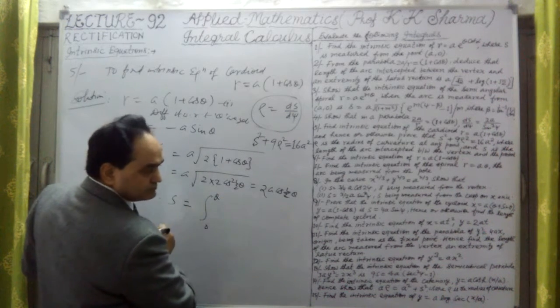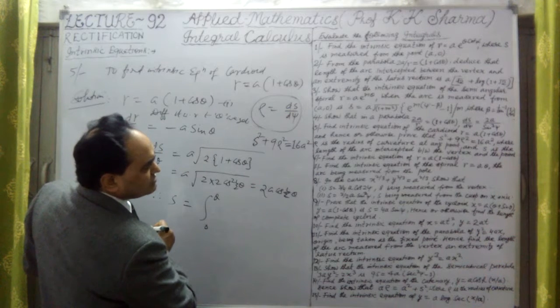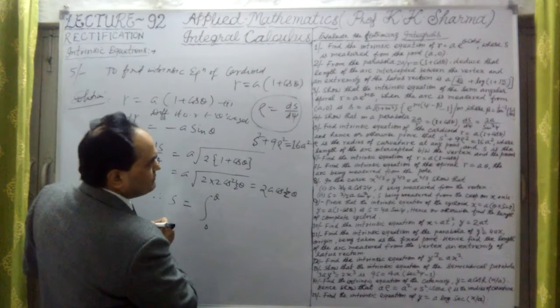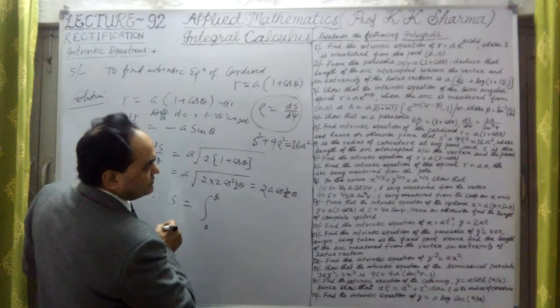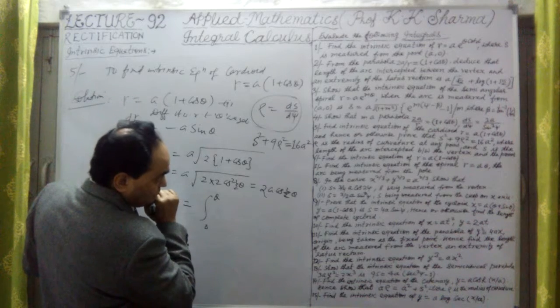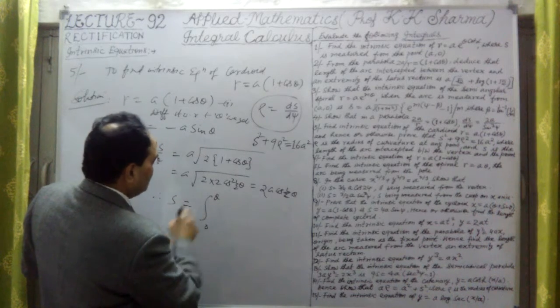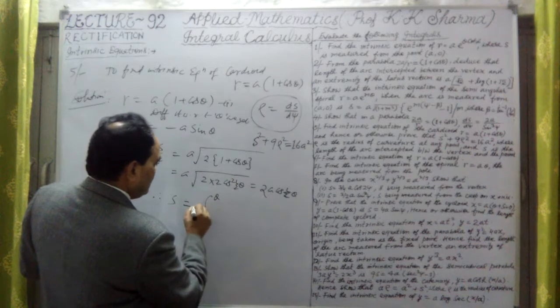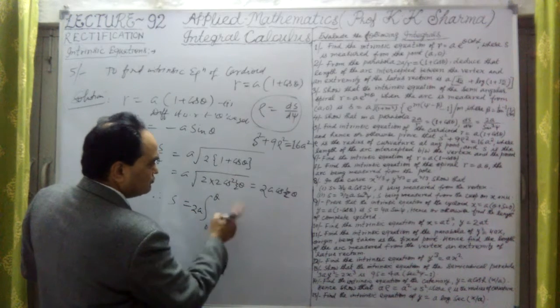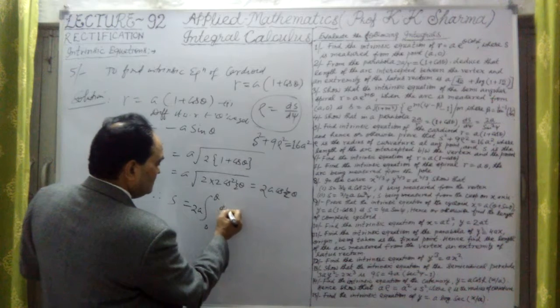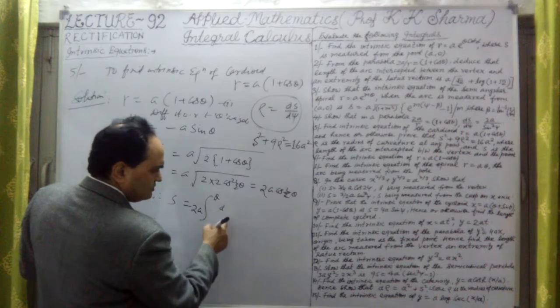We have to find the intrinsic equation. So s gives us twice a, which I have taken outside, into ds upon d theta into d theta.